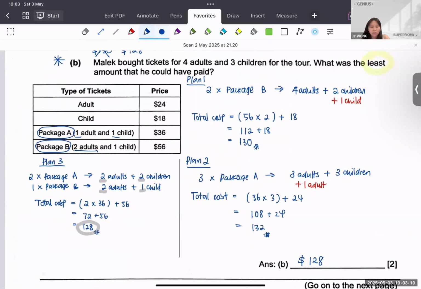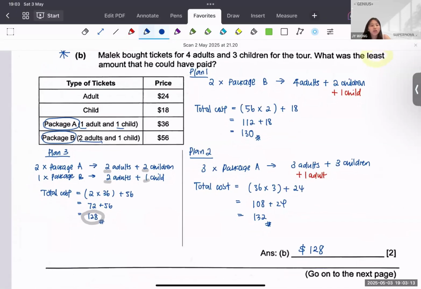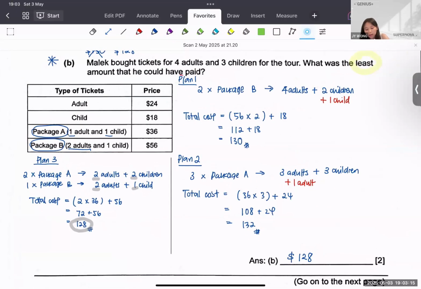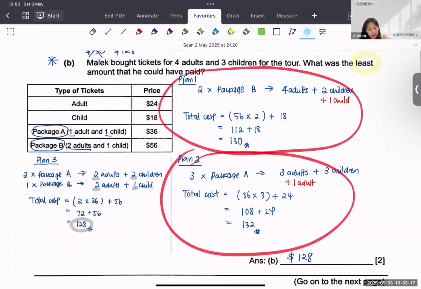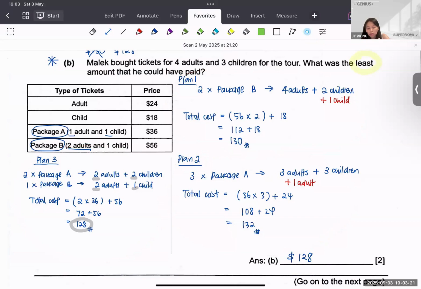If you ask me whether this question is difficult, it's not difficult, it's just tedious. You just need to make sure that you look at all the plans possible and then find out which is the cheapest. Some students could get it right from the first guess. But if you cannot, just go and guess it, but make sure that you don't make any calculation error. Since calculator is allowed, it should be easy for you to calculate.